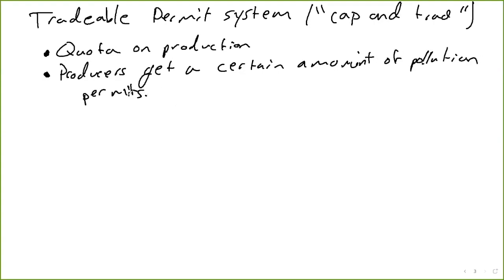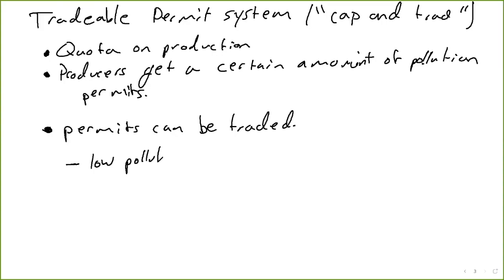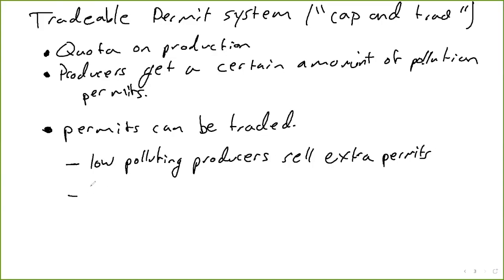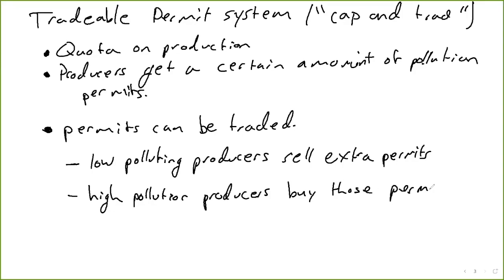So each permit allows you to generate a certain amount of pollution, but the difference in this policy is that permits can be traded. And so what happens is the producers who are not polluting very much have extra credits or permits that they can sell, and the high polluters, or the firms generating lots of pollution, can buy those to allow for their extra pollution.